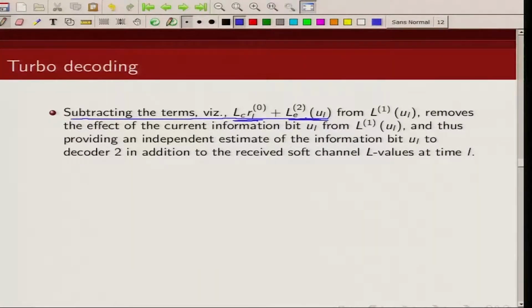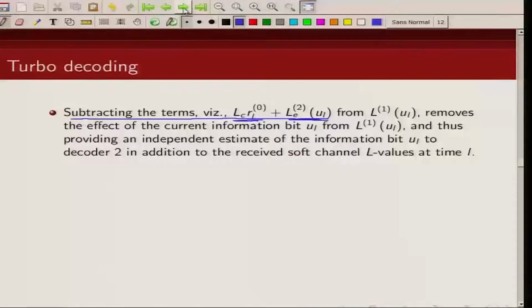So, there is no point feeding the same information back to the same decoder, and the received values are already received by the decoder. So, we are trying to send some independent estimate about what we think the bits are to the other decoder, and that is the whole idea behind this iterative process. If you try to feed the same information back, then it will become a positive feedback system and unstable, and the decoder may not converge. That we do not want.